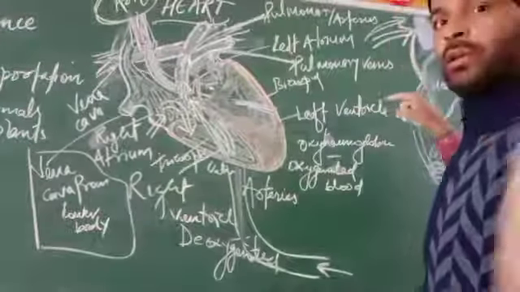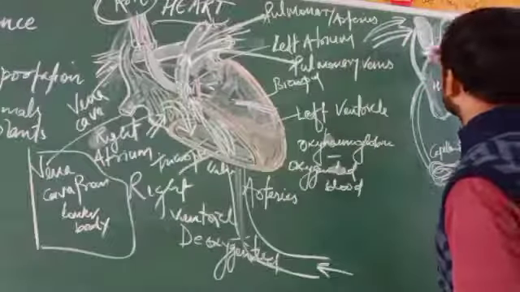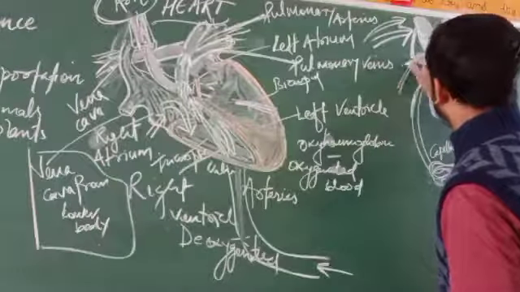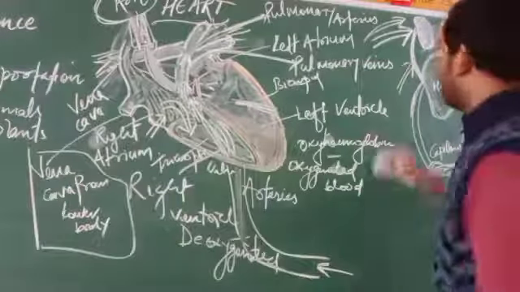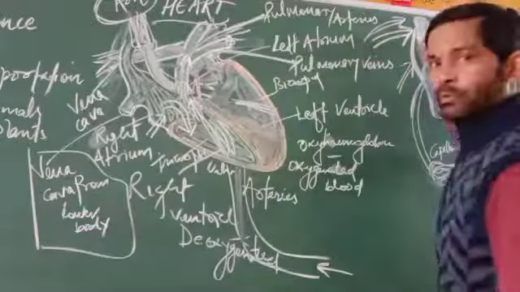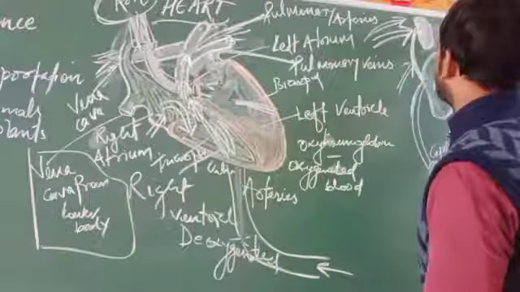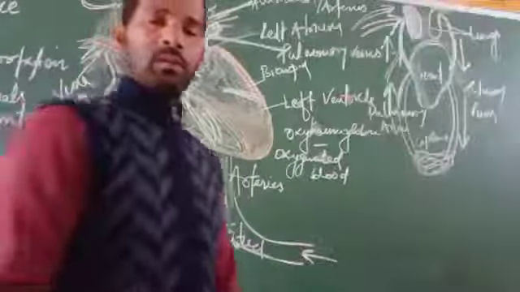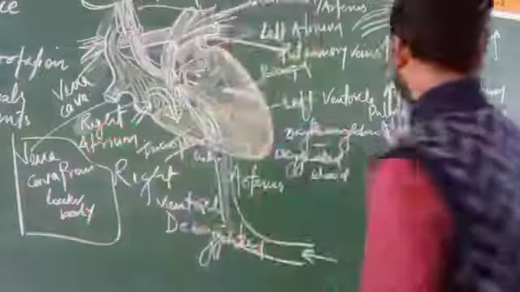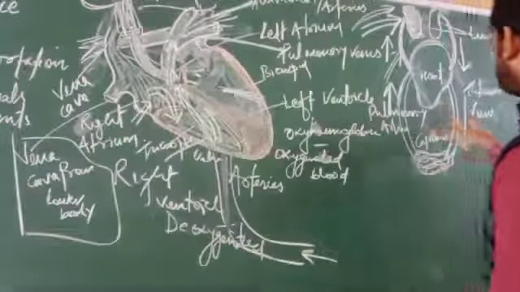So first of all, the oxygenated blood has to reach the lungs, and the purification takes place in the lungs first. So here there are pulmonary arteries and pulmonary veins.